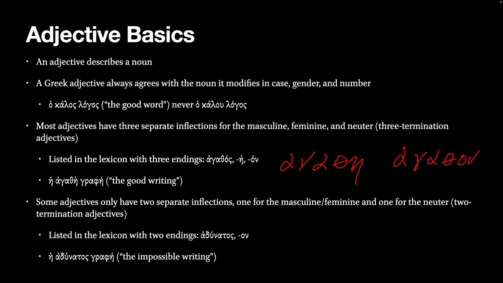These are called two termination adjectives because they only have two terminations or two endings. So adunatos, adunaton would be the full version of this here. Only two different endings. So adunatos could be either masculine or feminine, but it's never going to look like adunate.